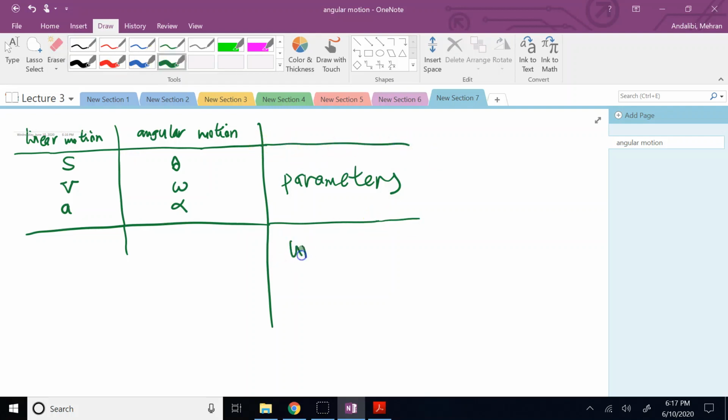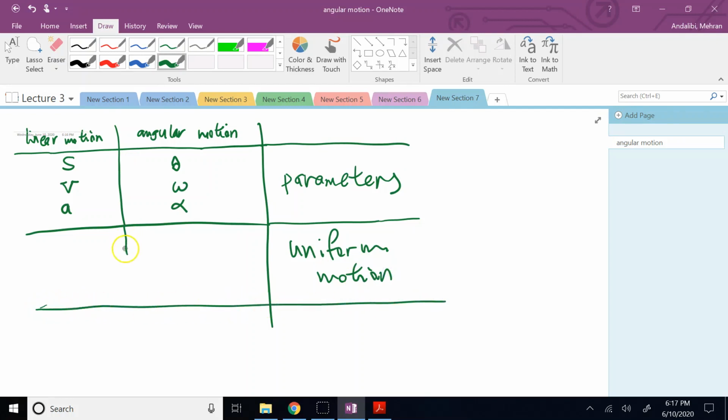Then in uniform motion, what equations did I have? If you remember, I only had one equation really, which was position was equal to initial position plus the constant velocity times t, right?